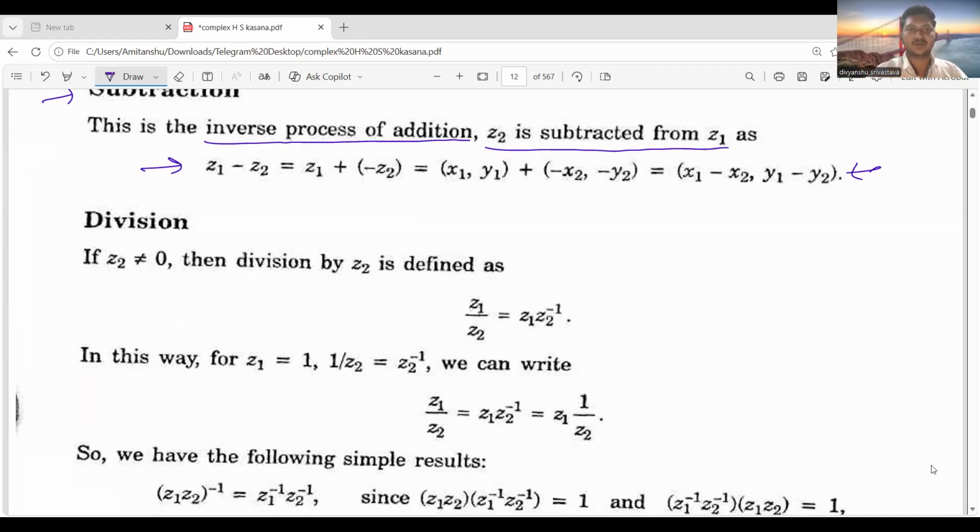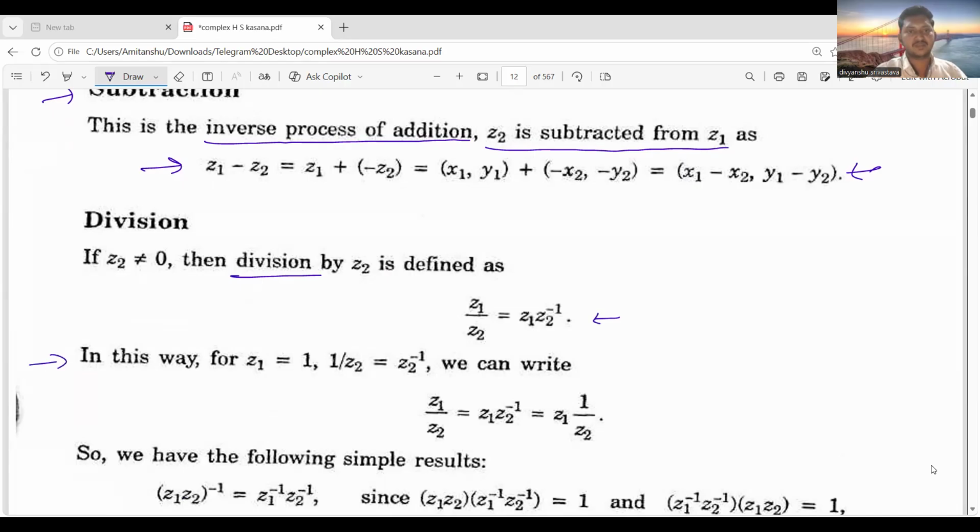So Z2 not equal to 0, then it is a form of p by q type rational number. But here we are talking about complex numbers. So for Z2 not equal to 0, division by Z2 is defined as Z1 upon Z2. You may write it like this, Z1 Z2 inverse.